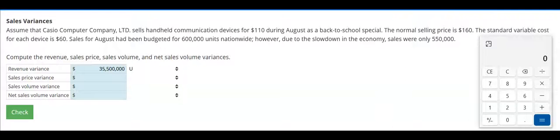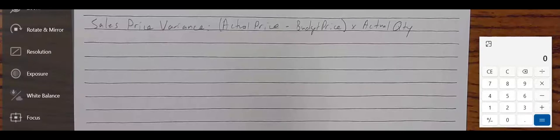Let's look at our formula for sales price variance. It is merely the actual price, on a per unit basis, minus the budget price, and then we multiply that by actual quantity. Rather than toggle back, I think we've got these numbers down by now.